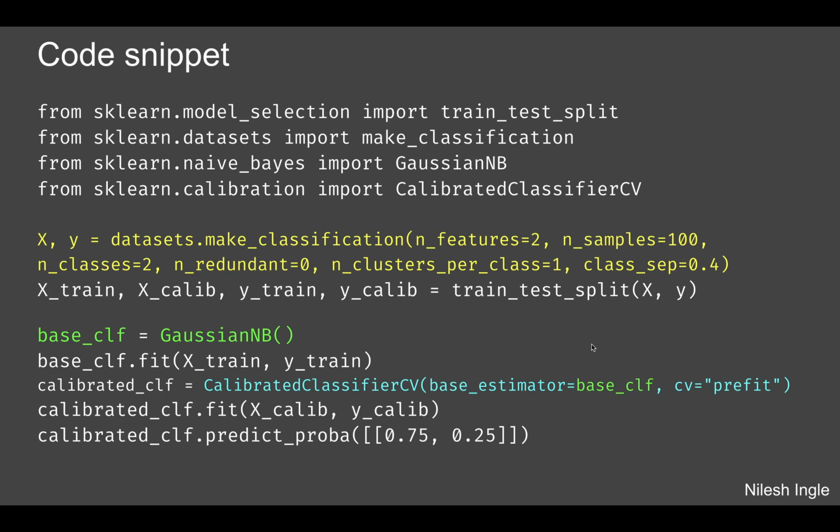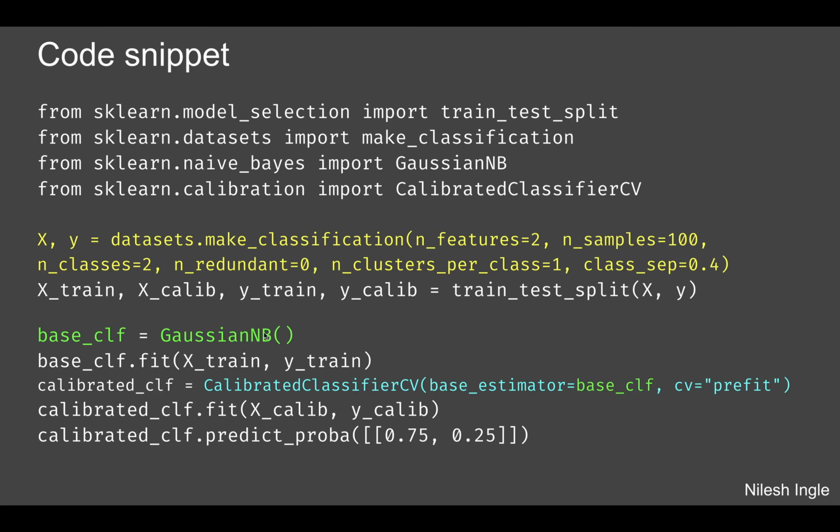This is a code snippet where we have this new library used here, which is sklearn.calibration, and from that we are importing CalibratedClassifierCV. And here we have again X and Y as the data set. I've split it into train and calibration this time.